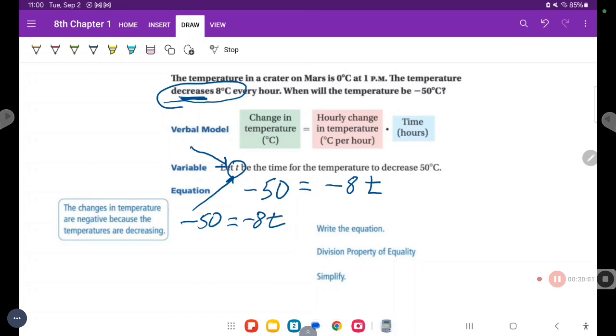Okay, so now we go back to all the things we've been learning. We're going to draw this line, and then to get the t by itself, I need to divide by negative 8. It's a times problem. So the opposite of times is to divide. So I'm gonna use the calculator for this.